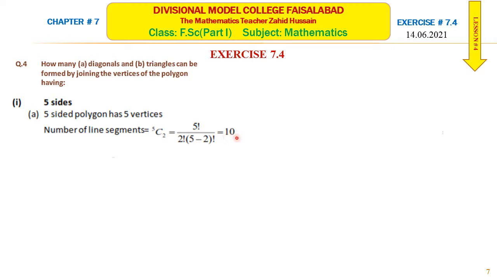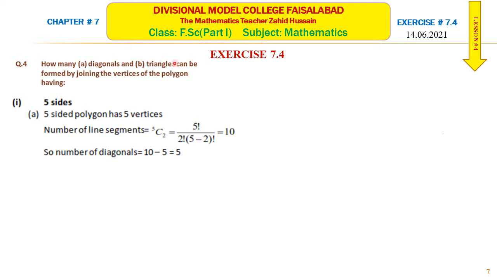So there are 10 total lines in a 5-sided polygon, and these 10 lines include 5 sides and the remaining are the diagonals. So the number of diagonals will be equal to 10 minus the number of sides of the polygon, which is 5. So 10 minus 5 is equal to 5. Out of these 10 lines, 5 are diagonals and 5 are sides.